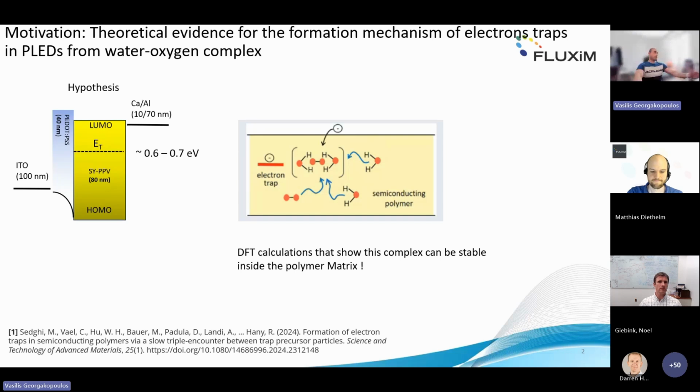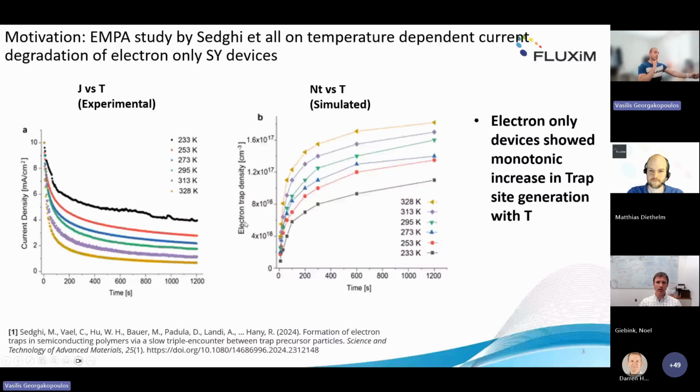This complex has been identified to sit around 0.6 or 0.7 electronvolts below the LUMO level, and it acts as an electron trap. So experiments were performed to see how exactly the dynamics work, in a study conducted by Sergi et al.